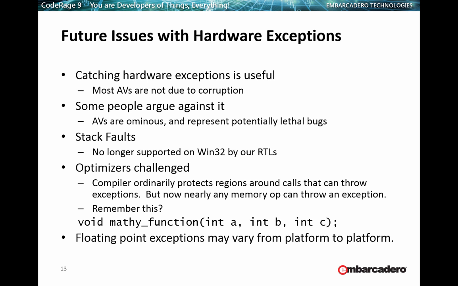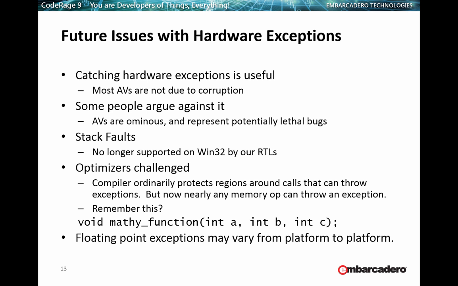But with hardware exceptions, pretty much any memory operation can throw an exception. So from the perspective of the optimizer, that means that if it really wants to do a proper job handling exceptions, it has to look at every single instruction as potentially throwing an exception.